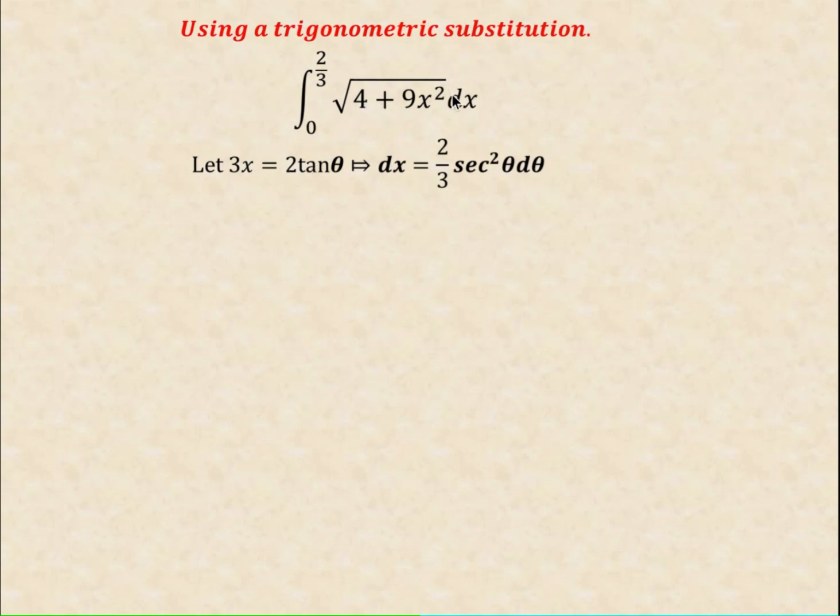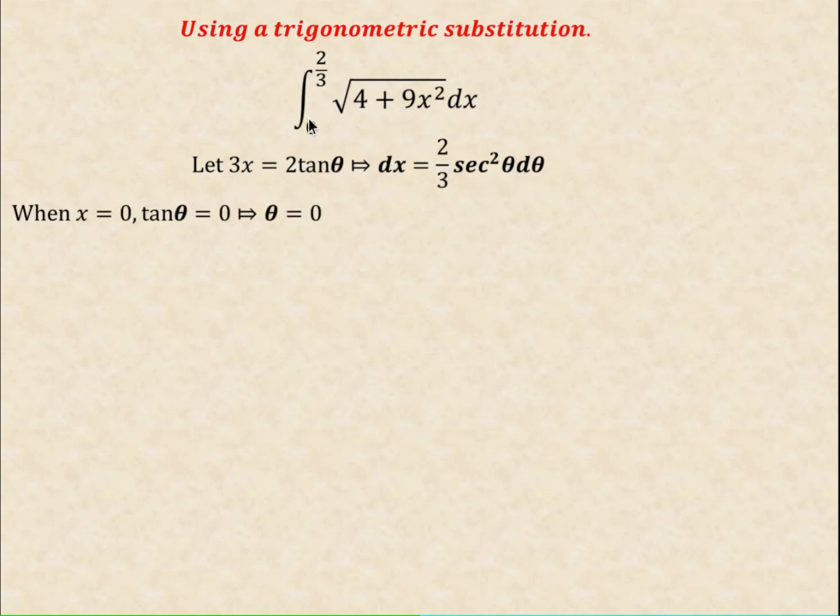So from here we need a substitution for the x, which we can obtain by differentiating both sides of this equation with respect to theta, so that we now get dx equals 2/3 sec squared theta d theta.